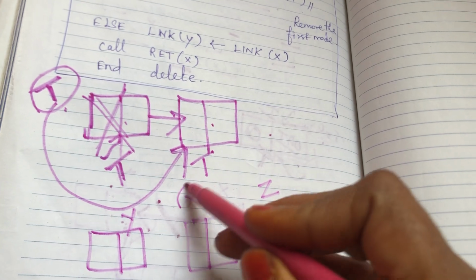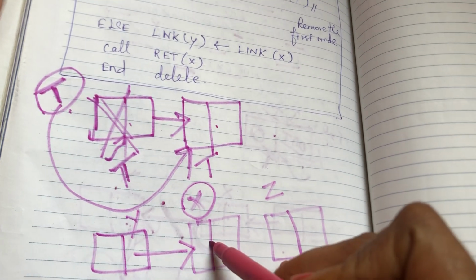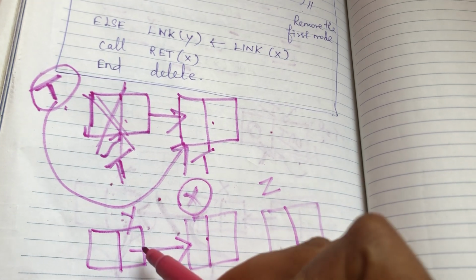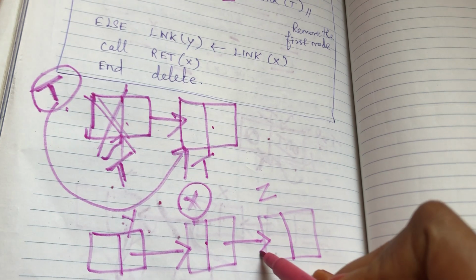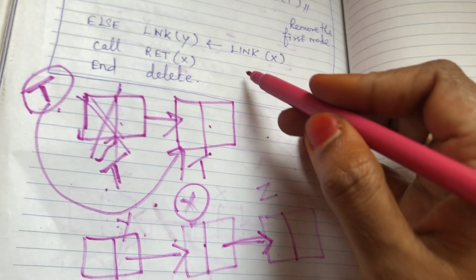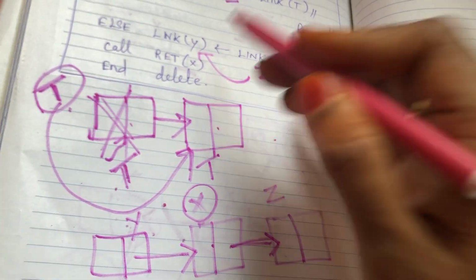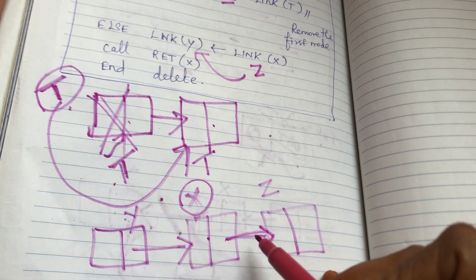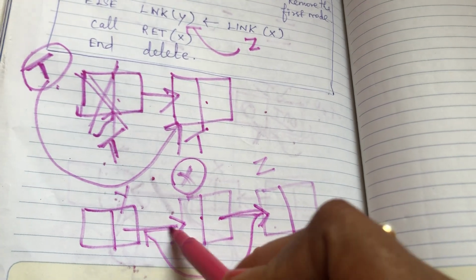The node I am going to delete is x. Link of y is pointing to x. Link of x is pointing to z. Z is given to link of y.